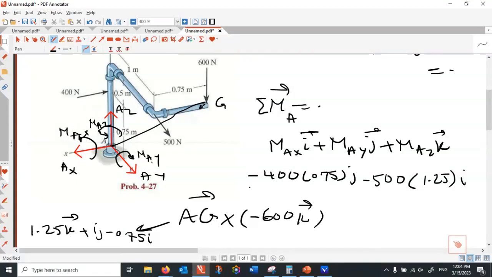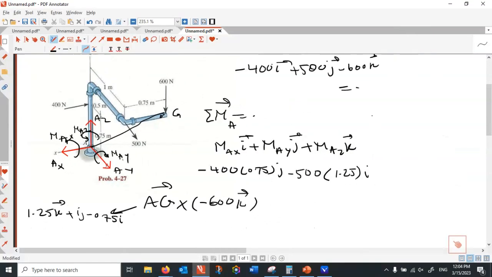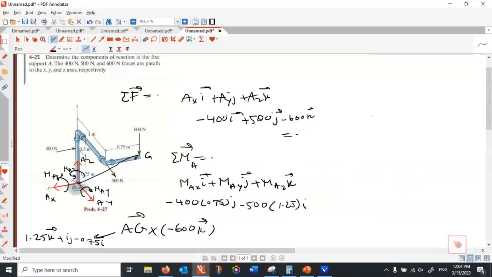And once you write this equation, that's a vector equation, it can be resolved into 3 scalar equations. You collect all I components, set that equal to 0, one equation; collect all J components, set that equal to 0, second equation; collect all K, set that equal to 0, third equation. So altogether we have 6 equations, 6 unknowns, and that is solvable.